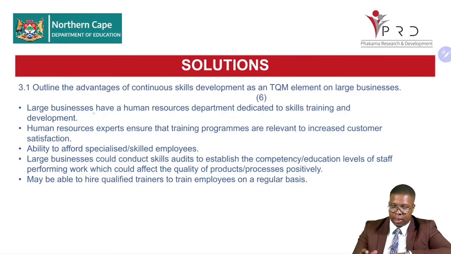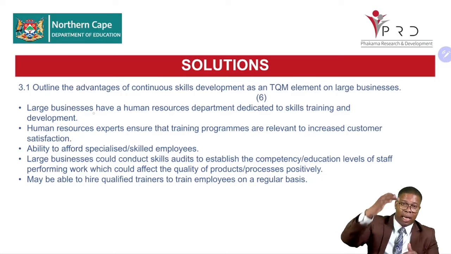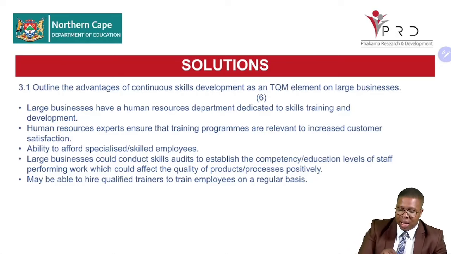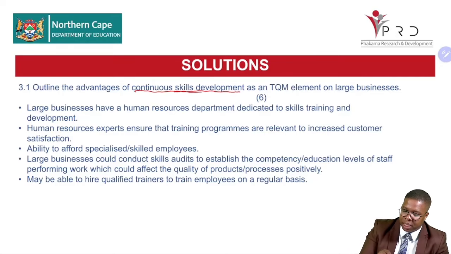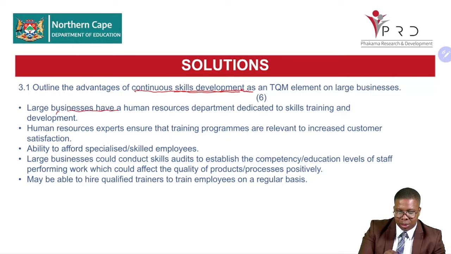Now, the advantage here is that when we are talking TQM, you should understand that we are talking about how a large business can implement these elements much easier. What is the advantage of a large business in implementing continuous skills development? Why is it easy for a large business? It is easy because large businesses have human resource departments dedicated to skills training and development.